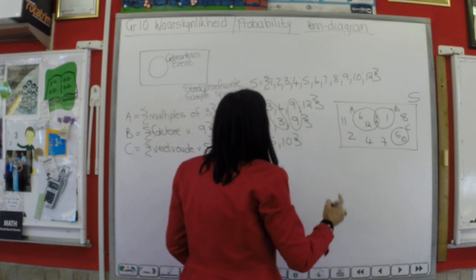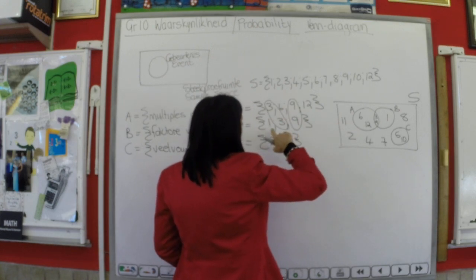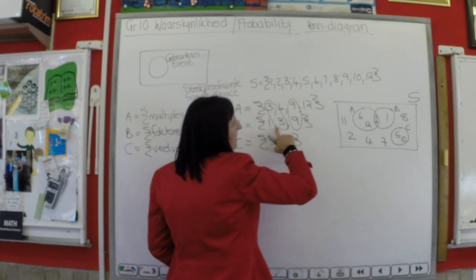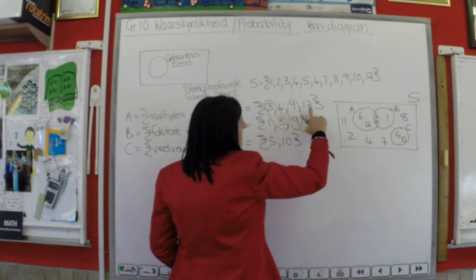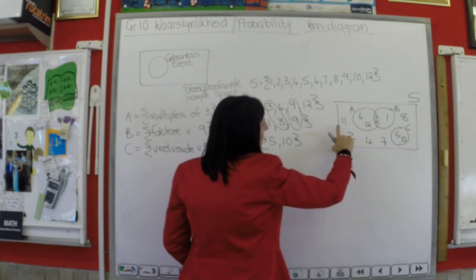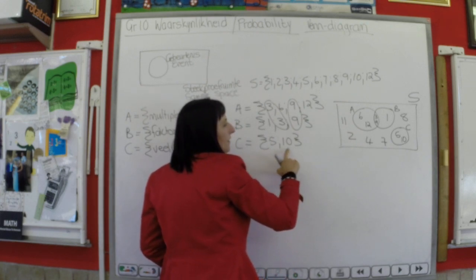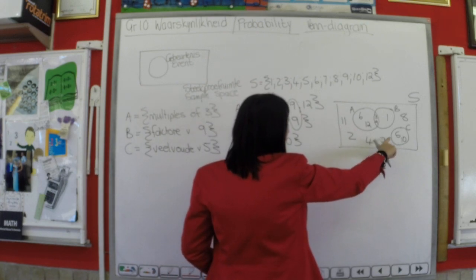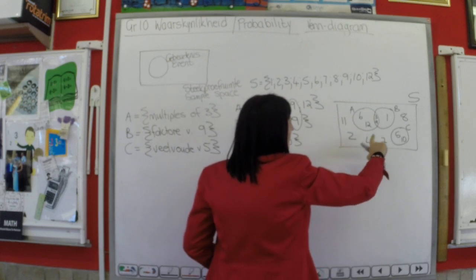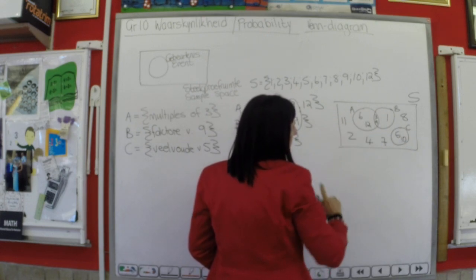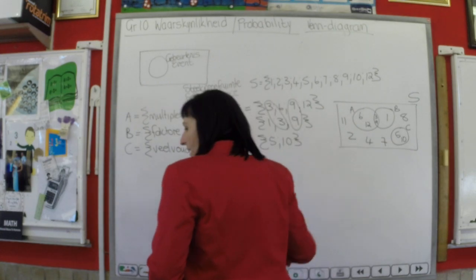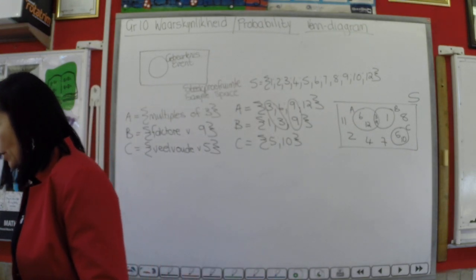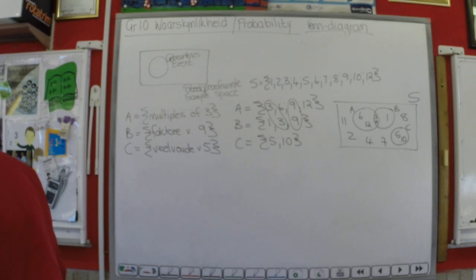En toe het ek, dit wat hulle nie deel nie, het ek maar net gaan skryf, soos B het 1 ekstra by. A het 6 en 12 extra by. And then C's got 5 and 10 all on its own. And then the elements that's left I've written on the outside of these 3 events binne in my steekproef ruimte. So dit is hoe my Venn diagram dan nou lyk.